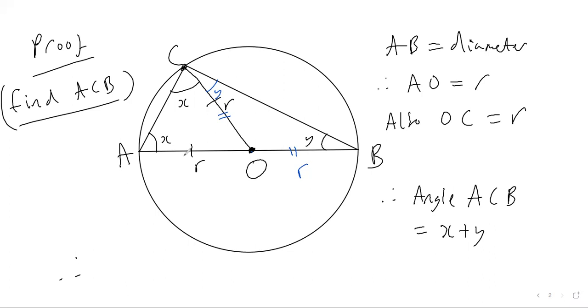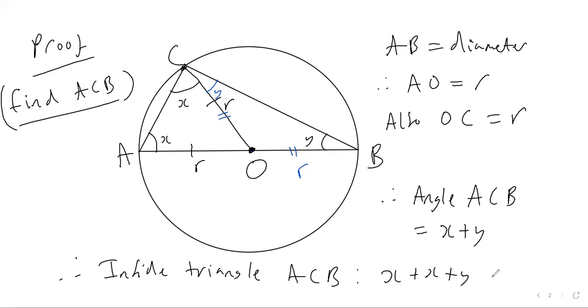Now, we know that angles in a triangle add up to 180. So inside triangle ACB, we have angles of x here, x plus y up there, and y there. So x plus x plus y plus y must add up to 180 degrees. This gives us 2x plus 2y equals 180.